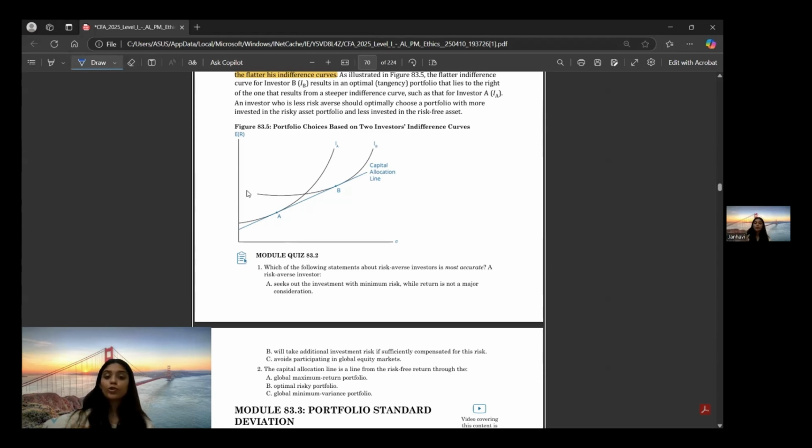So they have shown you how it would be plotted on the indifference curve and on the capital allocation line. Now, obviously, the person who wants this portfolio wants more risk and will be expecting more return than this person.